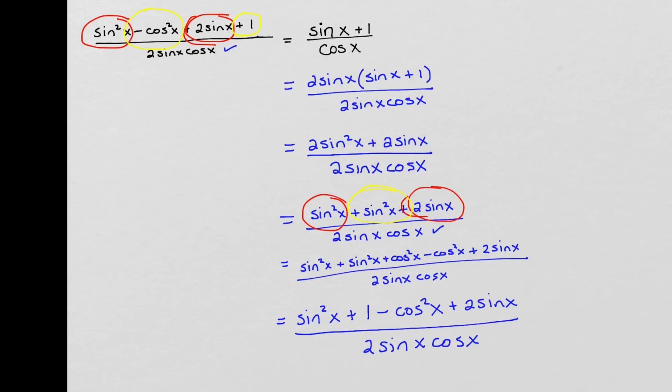So now, other than the order of the terms, I've got what is on the left-hand side here. So this is how I'm going to manipulate. So from the left-hand side, what I'm going to do is come down to here and say, let's see, I've got sine squared x plus 1 minus cosine squared x plus 2 sine x, and then I can work my way from there.